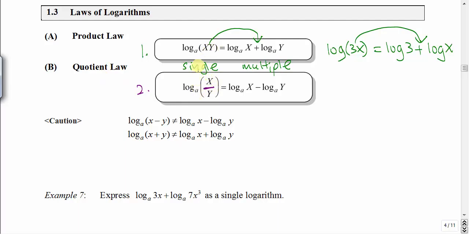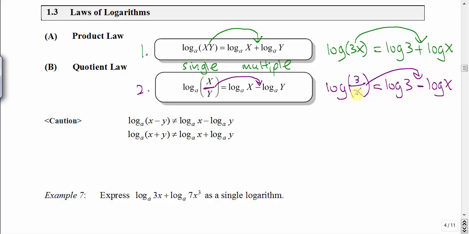Again, this single logarithm can change to multiple logarithms, and this divide becomes a minus. Example, log 3 divided by x, the base here is 10, can be written as log 3 minus log x, the one below. Log x comes from the expression below here.